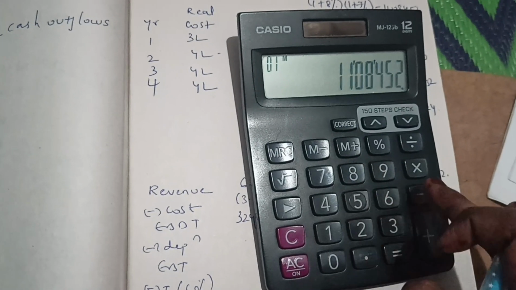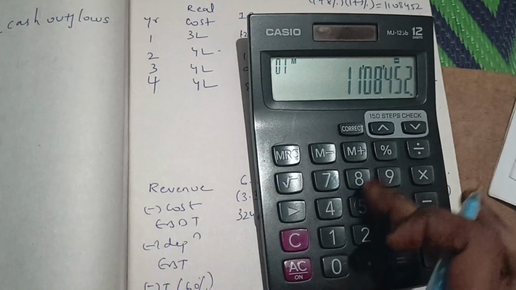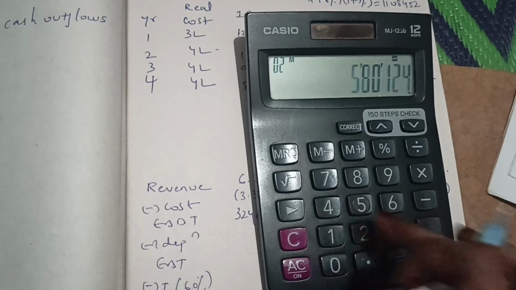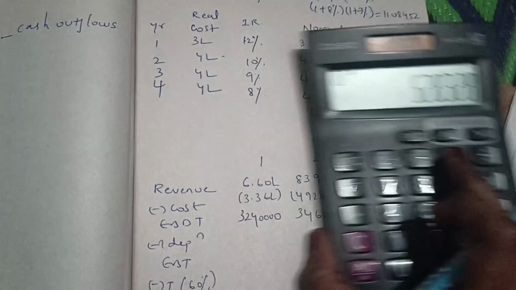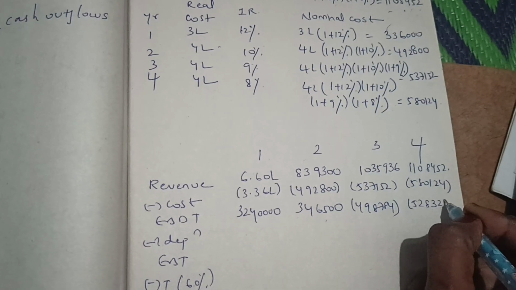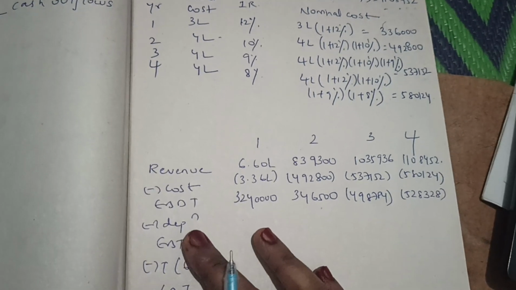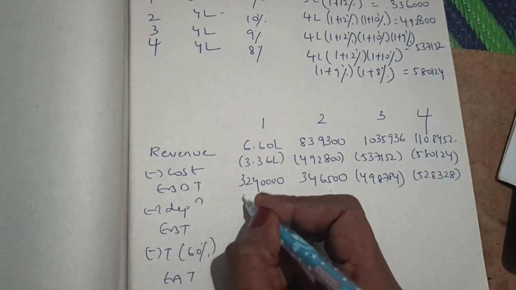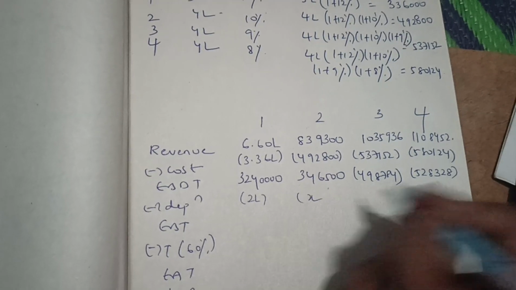Eleven lakh 8,452 minus 5,80,124, 5,28,328. Depreciation already given in question as 2 lakhs per annum.